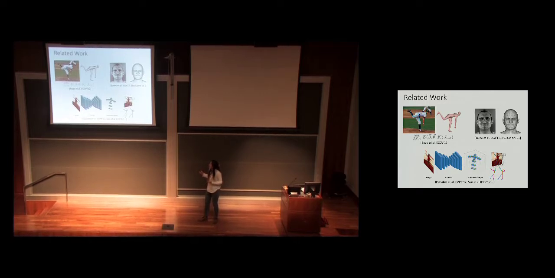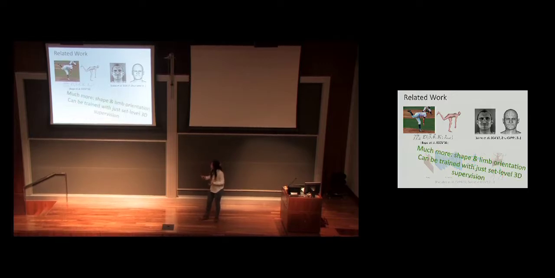And more recently, there are methods that try to output the mesh of a human face from images. But humans are a lot more challenging because they're articulated. And their face approach is also fully supervised. They could just capture a lot of people's faces in a lab and have ground truth scans. So in this work, we output a lot more.